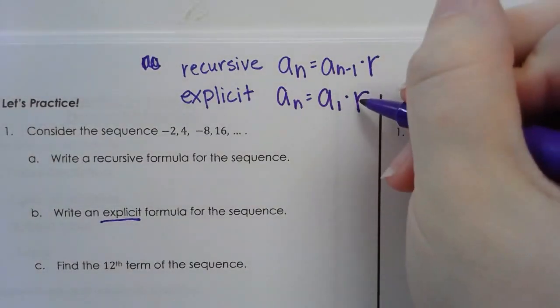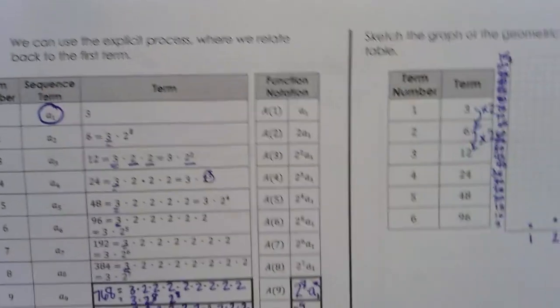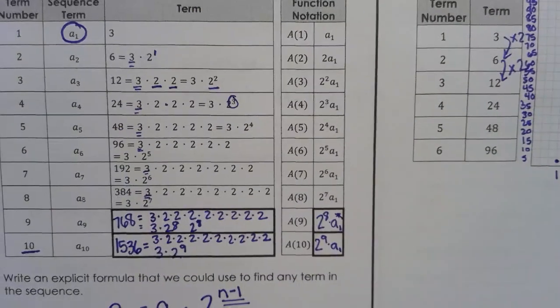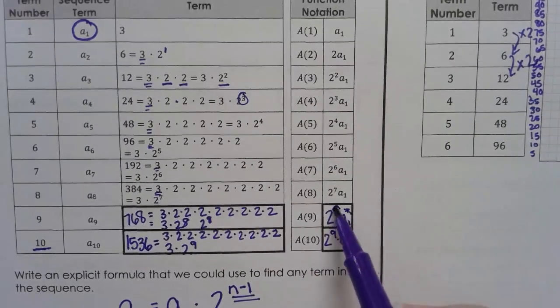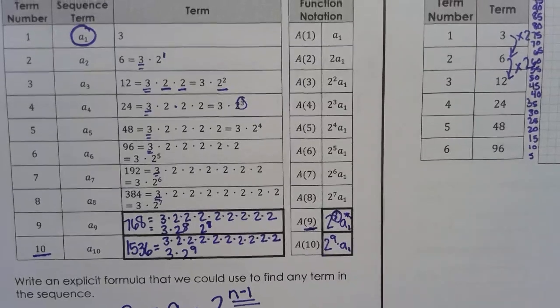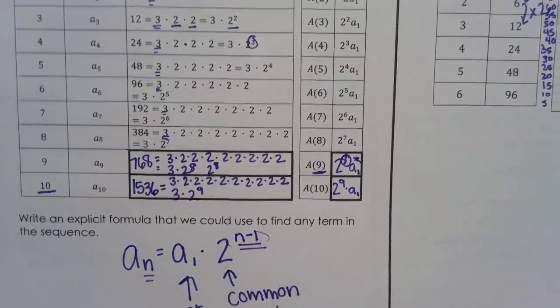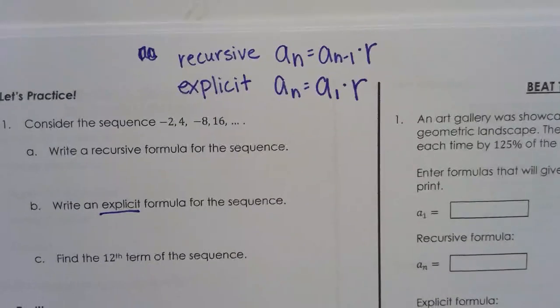But remember, this common ratio needs an exponent, the same way the 2's on this one had an exponent, and that exponent was 1 less than this. Don't forget, you had it here. You can still have this. This exponent was 1 less, so that's where my n minus 1 comes from.